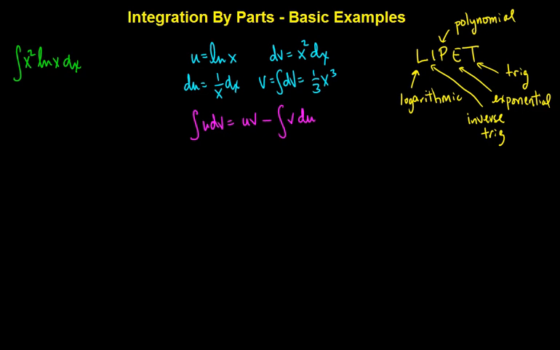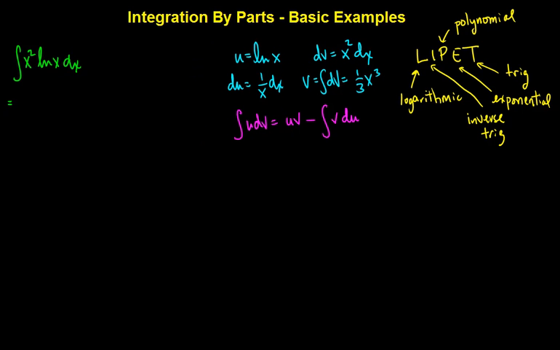So we're ready to put that all together, and we have the integral of x squared ln of x dx is equal to uv, which is now ln of x times 1/3 x cubed, or 1/3 x cubed ln of x, minus the integral of v, which is 1/3 x cubed, du, which is 1 over x dx.